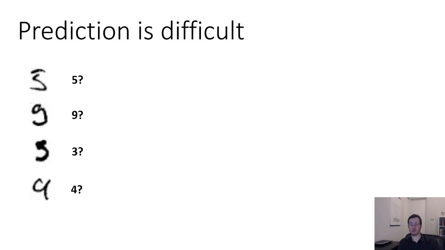You might think it's a 4. You might think it's a 9. If you're being really clever, you might say, well, I don't know what digit it is. It could be a 4 or a 9. If I wrote my phone number on a piece of paper for you, and you wanted to call me, and I had written this digit, you might first type in the phone number with a 4 in it, and see if I answer.